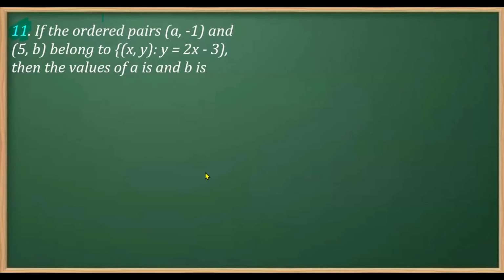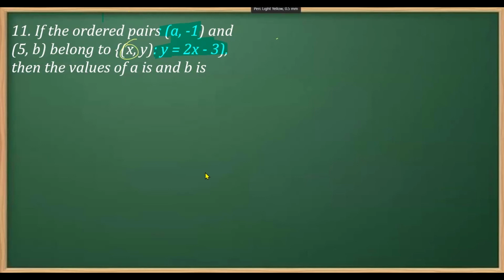In the next question, it says if the ordered pair (a minus 1, 5b) belongs to the relation y is equal to 2x minus 3, then find the values of a and b. As you can see, this ordered pair will satisfy this relation. In an ordered pair, x is the first element.